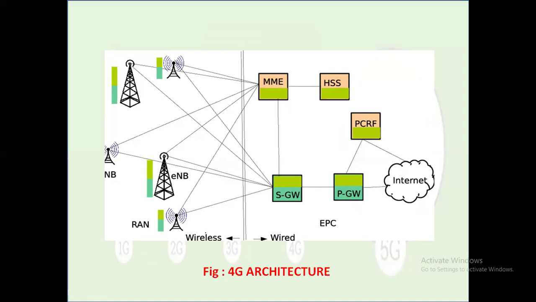So if you are looking into this architecture, we can look into two components, wired component and wireless component. Here the wireless component of 4G architecture includes RAN.